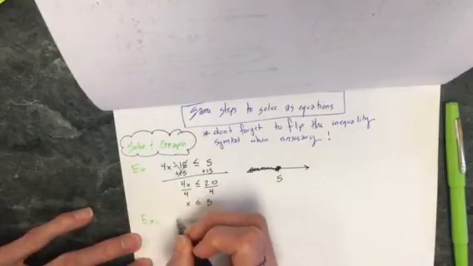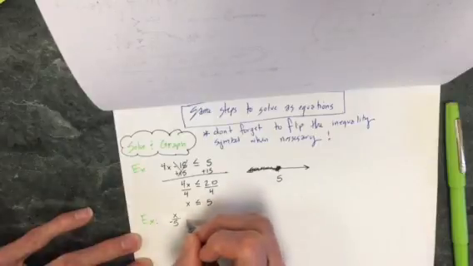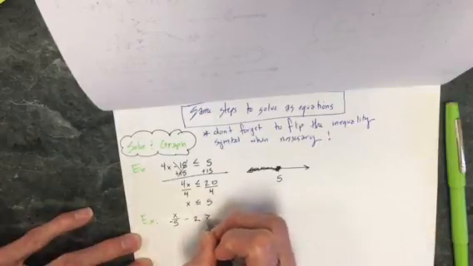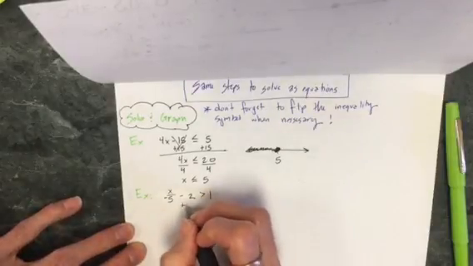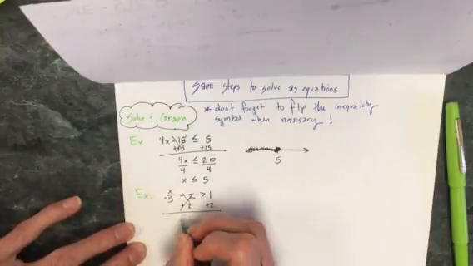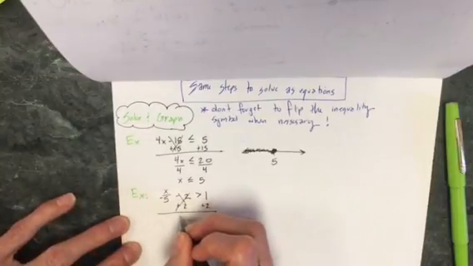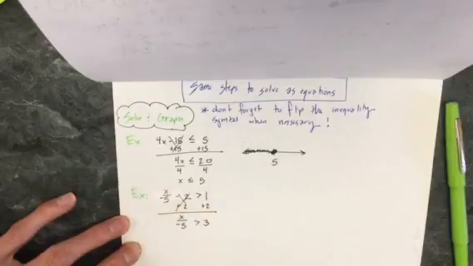Okay. Let's do x over negative 5 minus 2 is greater than 1. So we're going to start off by adding 2 to both sides. Those cancel. And then we get x divided by negative 5 is greater than 3.